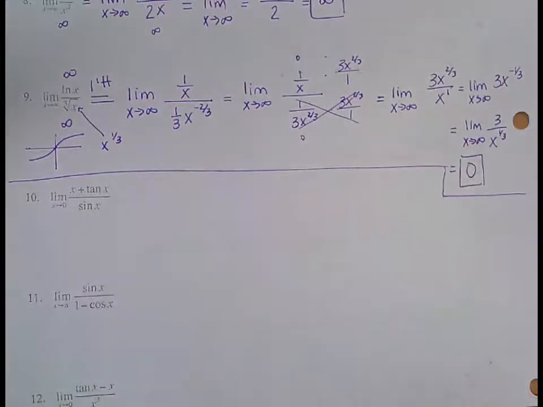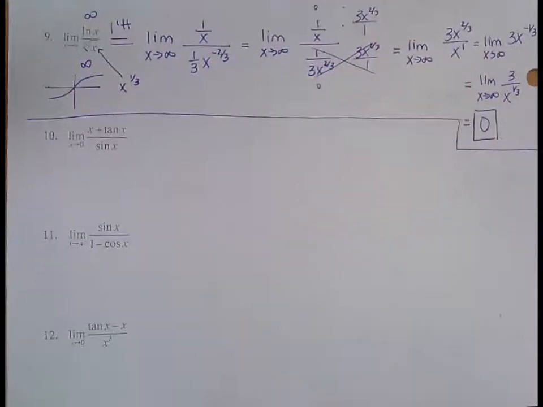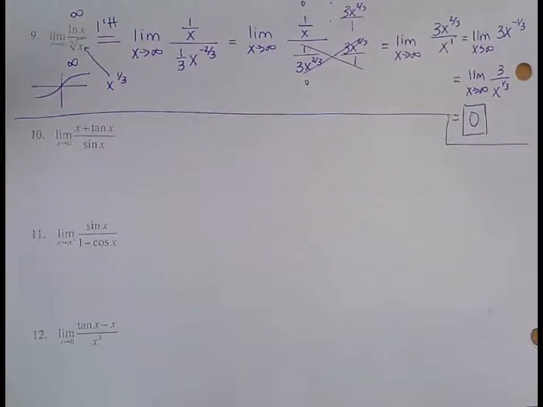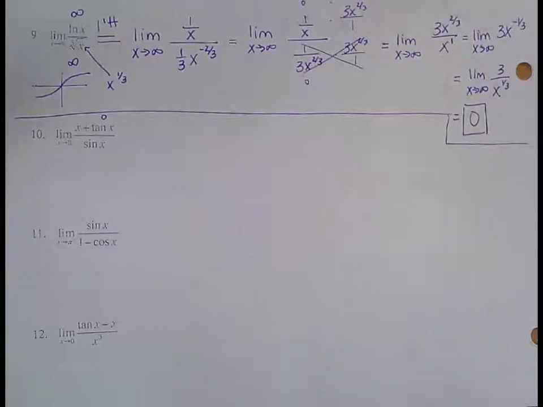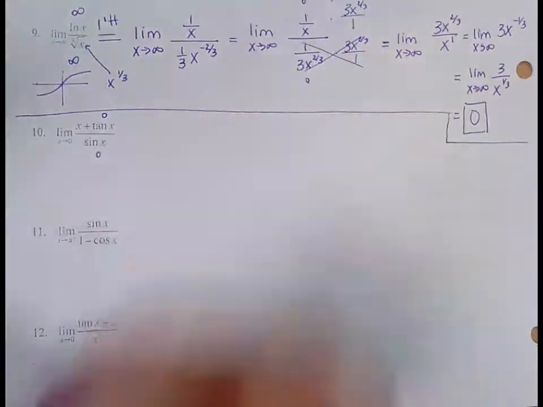For number 10, limit as x approaches 0 of x plus tangent of x over sine of x. Tangent of 0 is 0. So on the top, if we plug 0 in, we do have 0 plus 0. And sine of 0 is also 0.